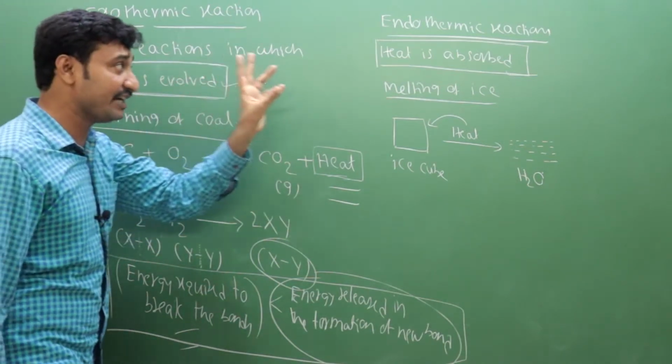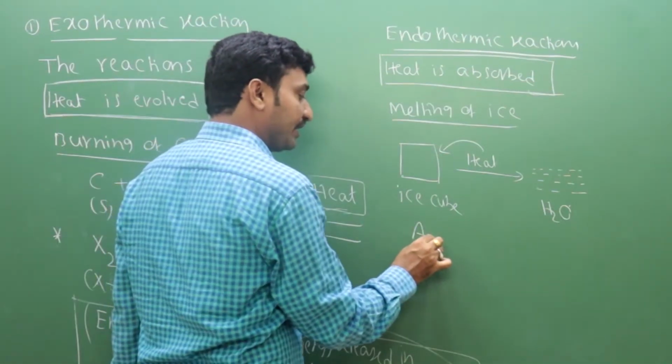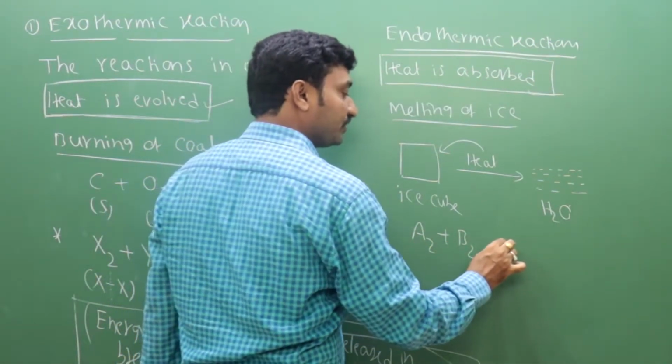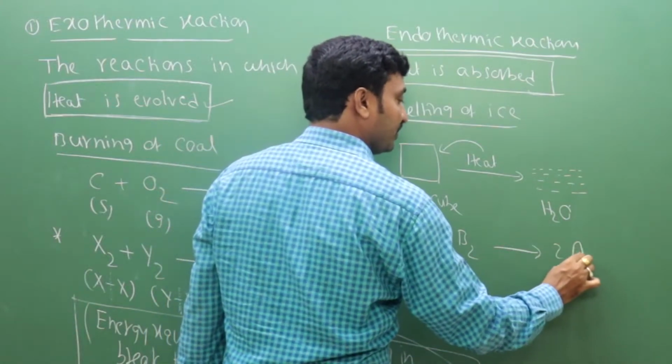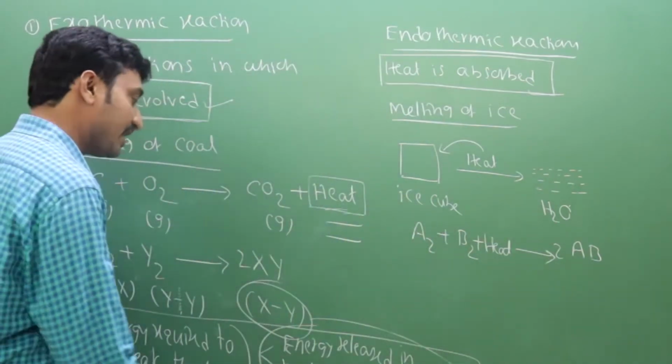In the case of endothermic reactions, for example, A2 plus B2 gives rise to 2AB. Suppose this is an endothermic reaction: heat is absorbed.